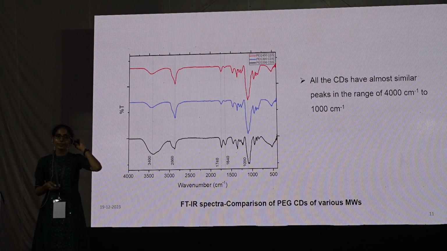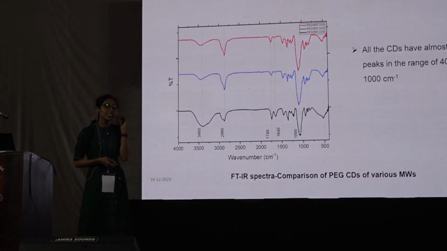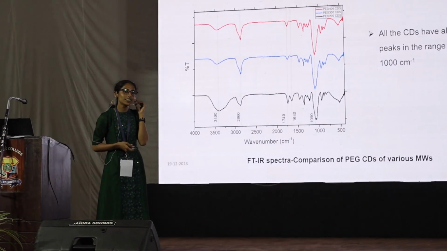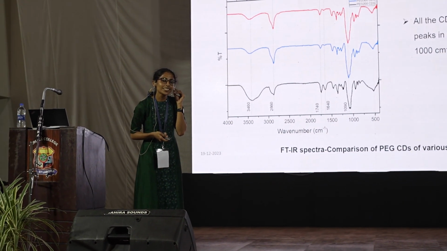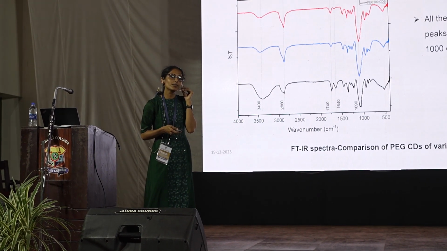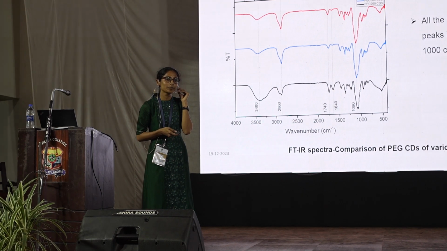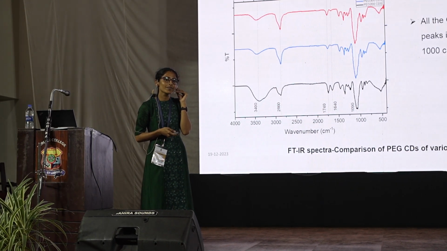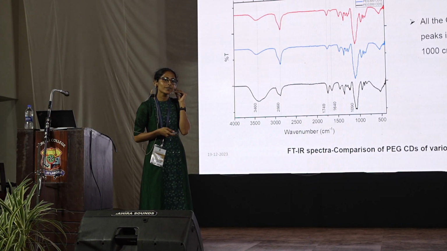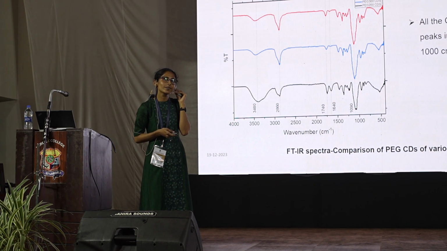I have a question here. A normal kitchen microwave acts on water, H2O. Here you have used a polymer. Now my question is, is it really acting on the polymer or is it acting on something else to do this chemistry?